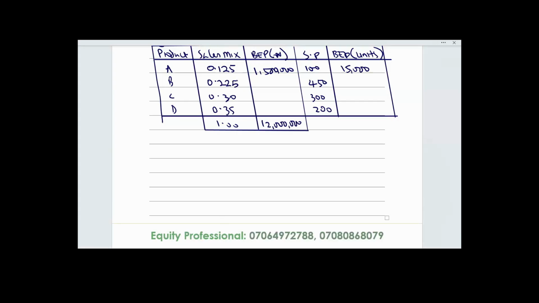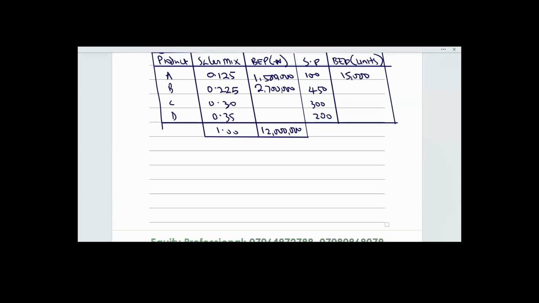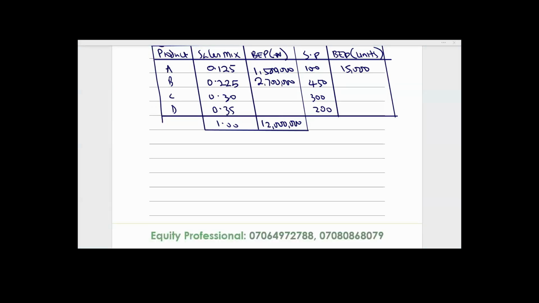Next, 12 million multiplied by 0.225, 2.7 million, divided by 450 equals 6,000 units.